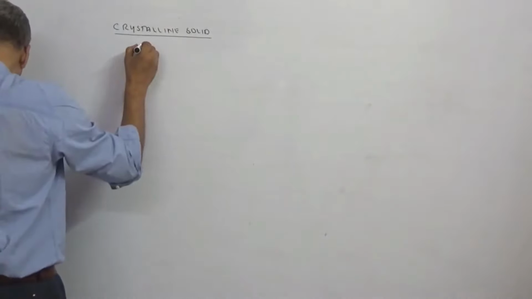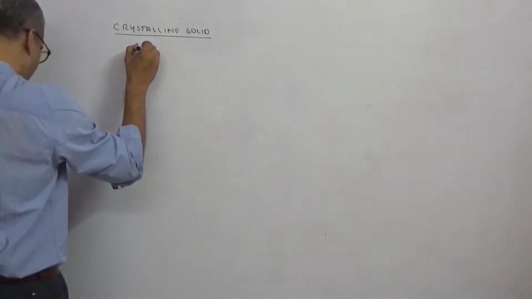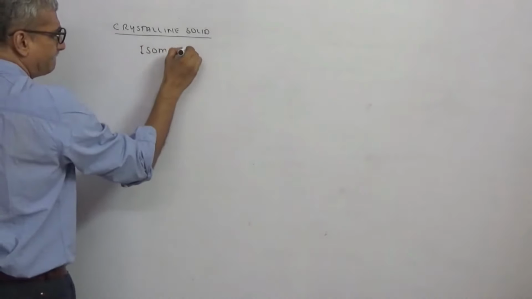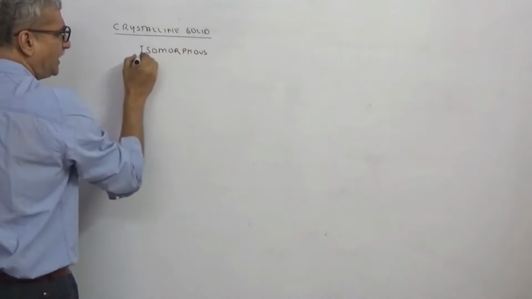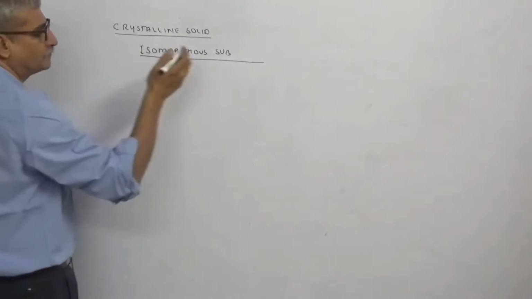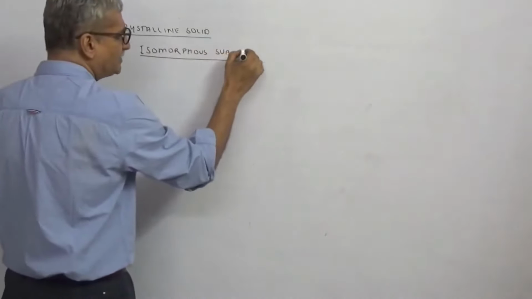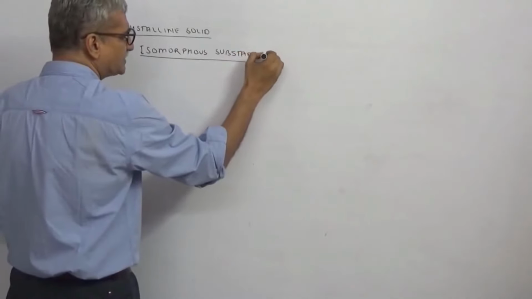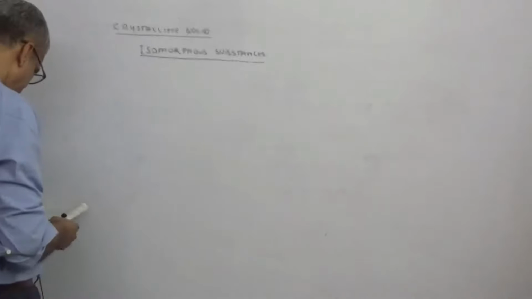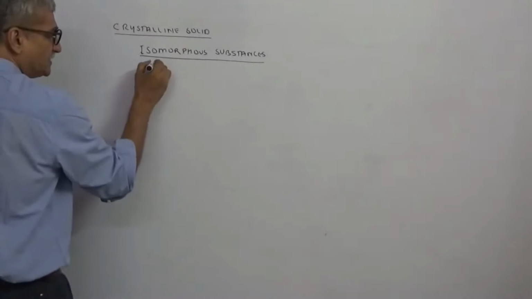One is isomorphous. So this is one definition. So what are isomorphous substances? Isomorphous substances are containing constituent atoms in the two different substances.